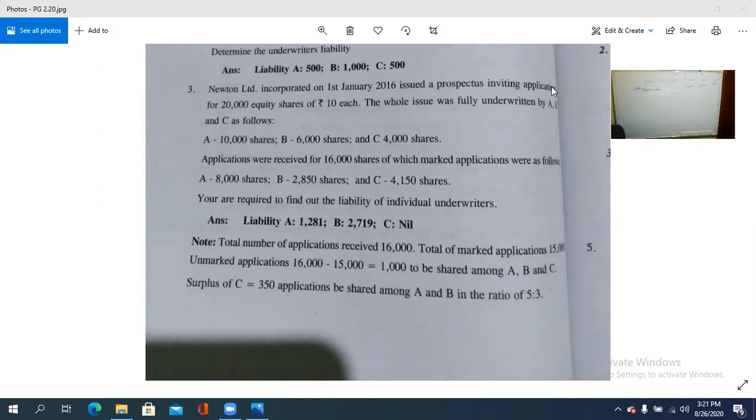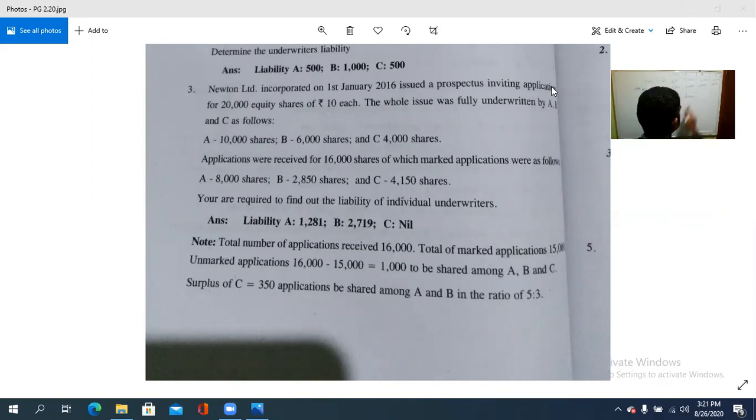So how much is it? 8,000 plus 2,850 plus 4,150. It is 15,000. Out of the 16,000, 15,000 is the marked application.